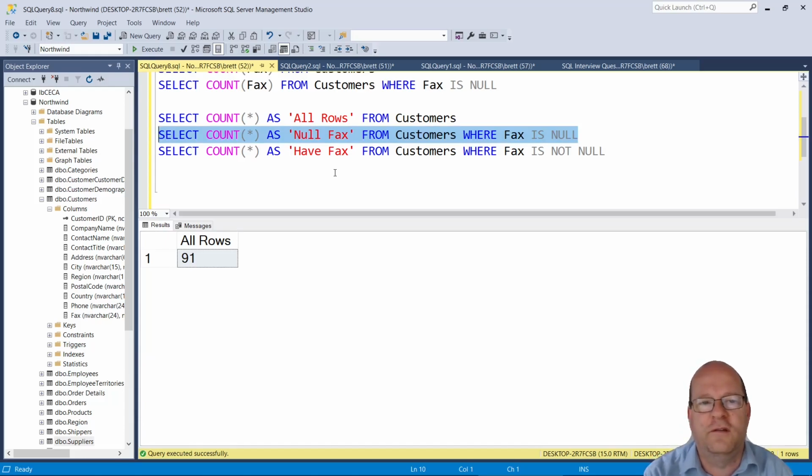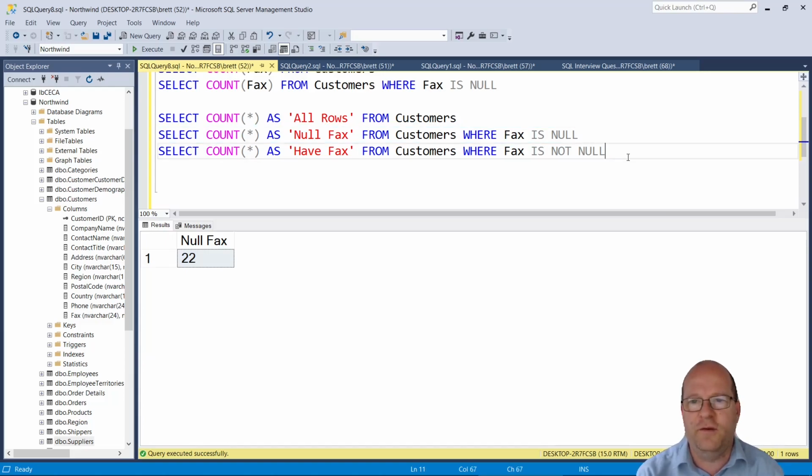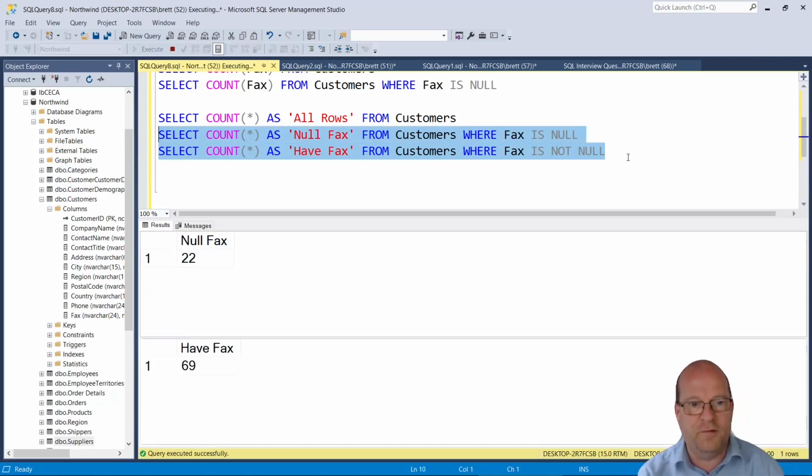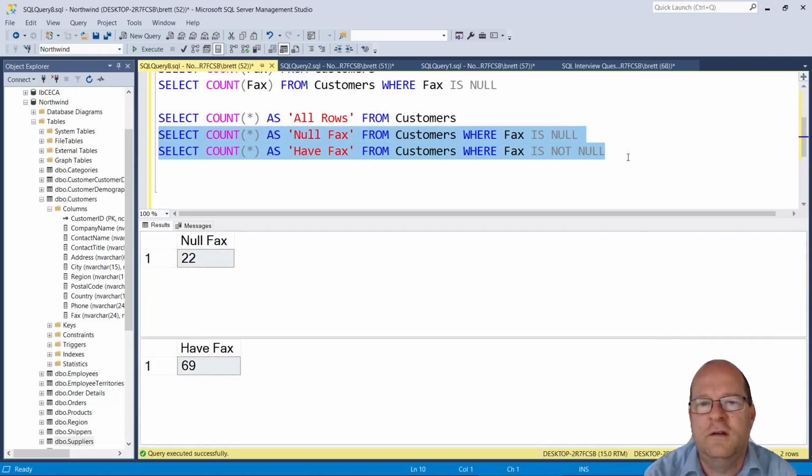To find the ones that have a null value for facts, we can use this one. So we COUNT(*) to count all the rows with that specific WHERE clause. And there are 22 of those and 69, which means 91 in total if we do both of these queries. So remember to use COUNT(*) and then put a WHERE clause in if null values are involved.